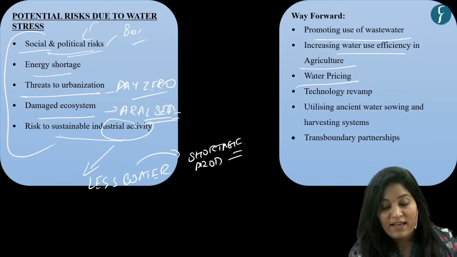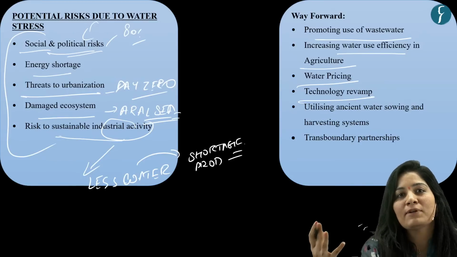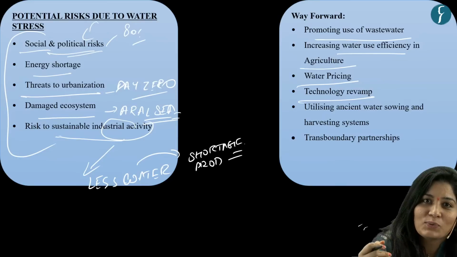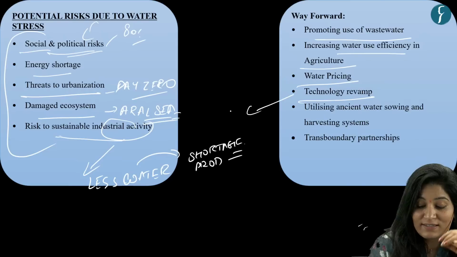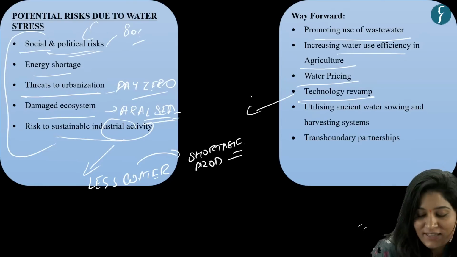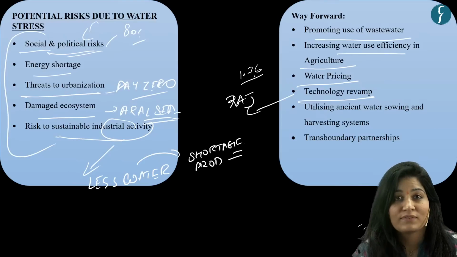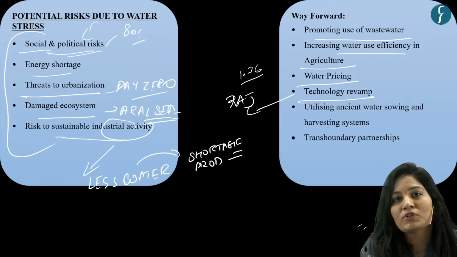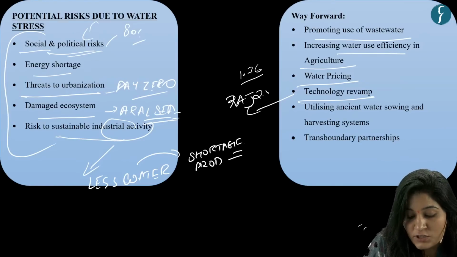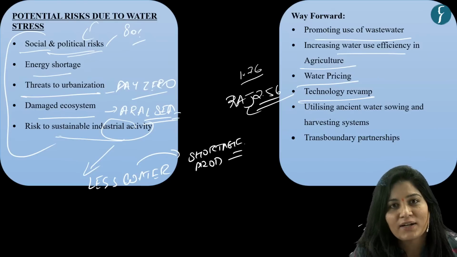Okay. Then next is technology revamp. Obviously, we cannot amplify the natural resource. So what can we do? We can make wonders with the help of technology. It was revealed by Niti Aayog that in Rajasthan, earlier there was 1.76 hectare of land, but because of this technology revamp, with optimum utilization of technology, now that area is 2.56 hectare, and this is a case study revealed by Niti Aayog.